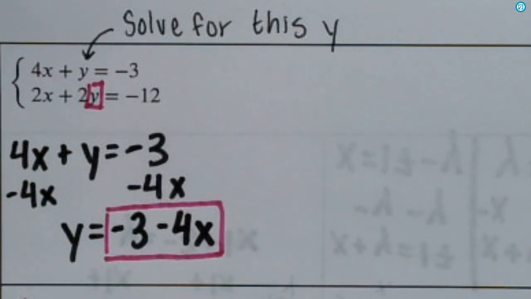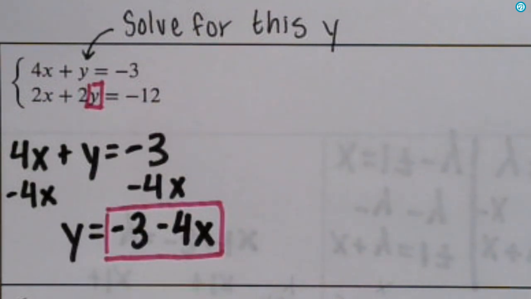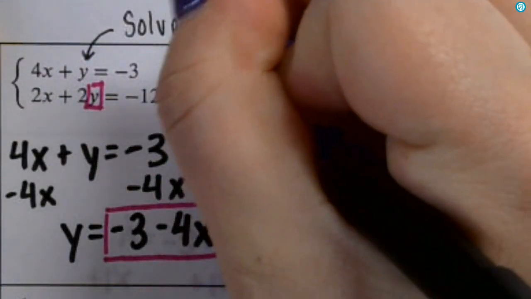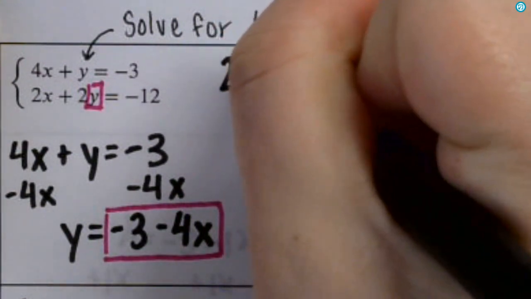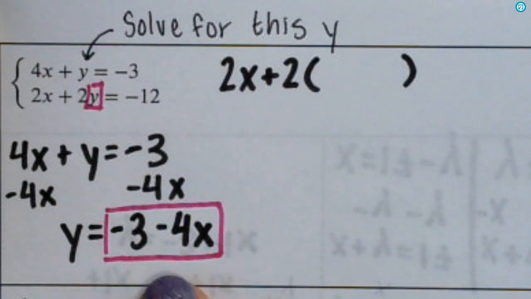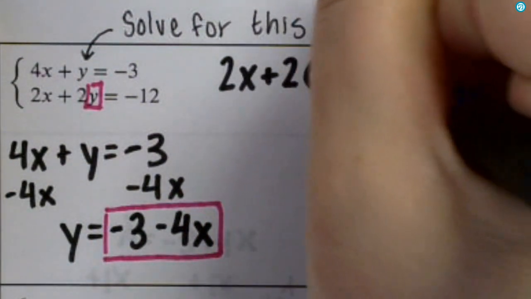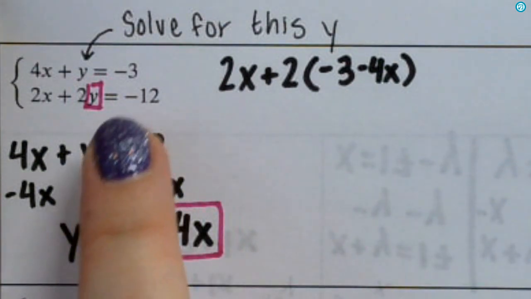So since it's y equals, we can put it in for y. Okay. So we've got 2x plus 2y equals negative 12. We will do 2x plus 2, and then we're plugging in negative 3 minus 4x for y. And that equals negative 12.